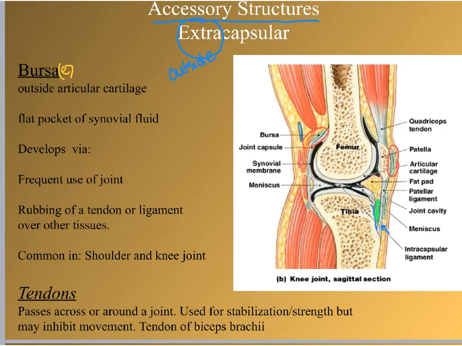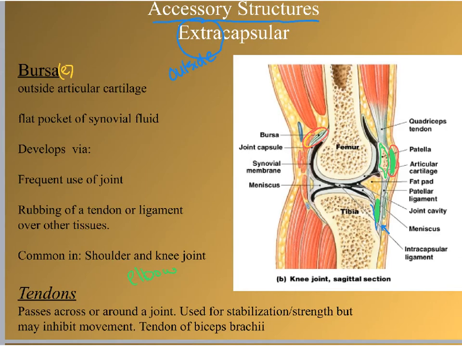And there's another one here that is superficial to the patella, but deep to the skin. So this is going to prevent rubbing and friction of the skin on the patella itself. So inside of those bursae is synovial fluid, and it just acts as a cushion. They're very common in the shoulder and the knee joint, as well as the elbow.